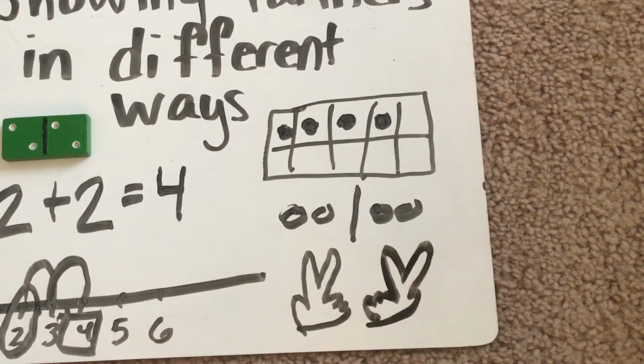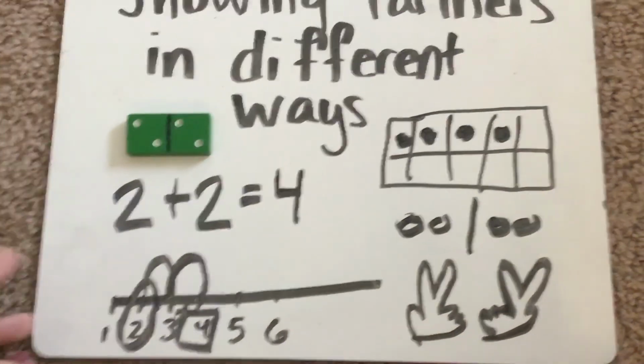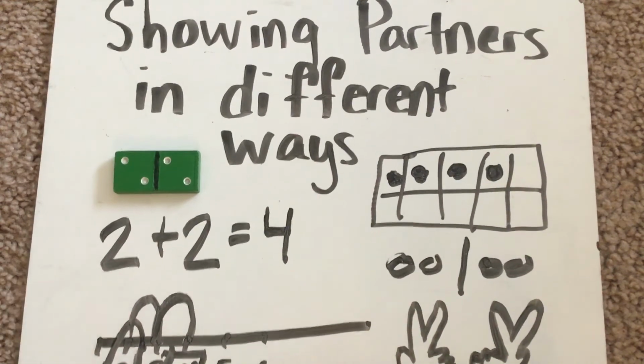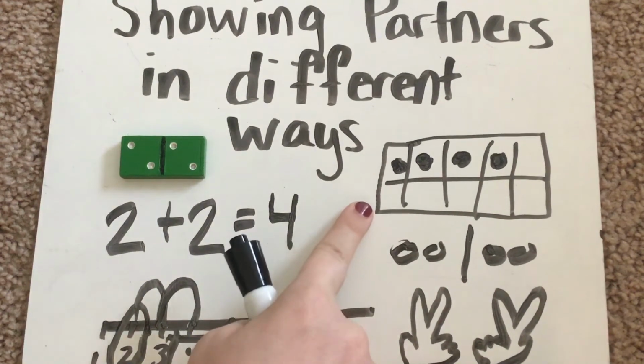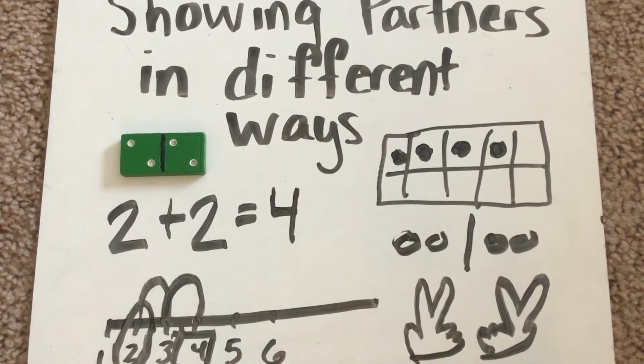How many fingers are up all together? I have 4 fingers all together. So there are lots and lots of different ways that we can show partners when we're doing math. So we can show it with an equation, with a number line, with a 10 frame, a math picture, and by using our fingers. And you can use your normal fingers instead of drawing a picture of your fingers.